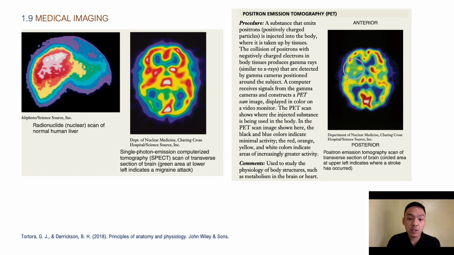Again, this is also used to study the physiology of the body structures, such as the metabolism in the brain or your heart. This is a transverse section of the brain, and the circled area on the upper left indicates where a stroke is or has occurred.